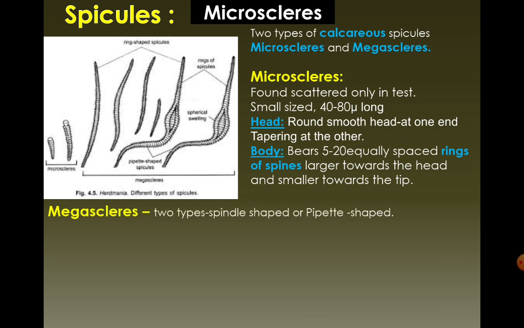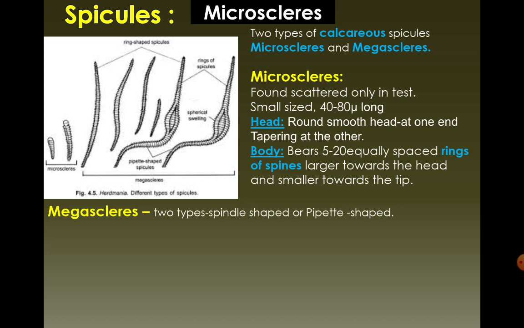Microscleres are found scattered only in the test, and they are small sized, measuring about 40 to 80 microns long. They have 2 regions, the head and the body. The head remains round and smooth at one end, and it tapers on the other end.